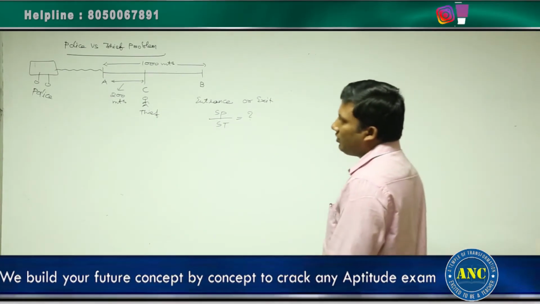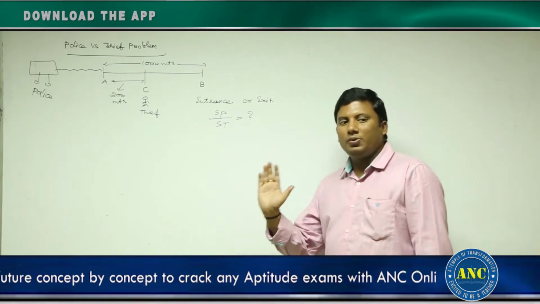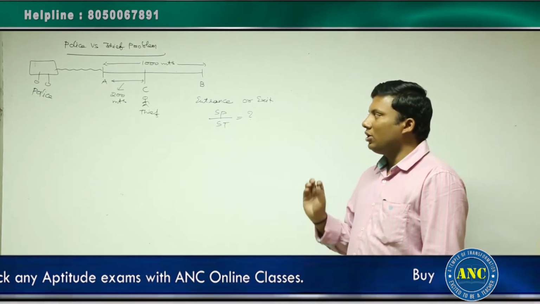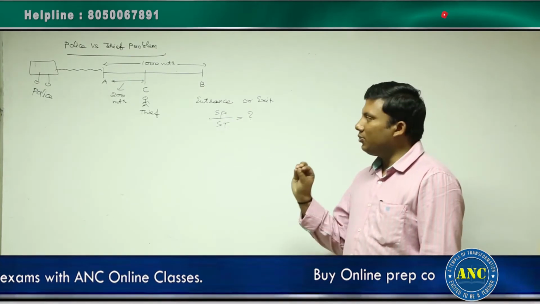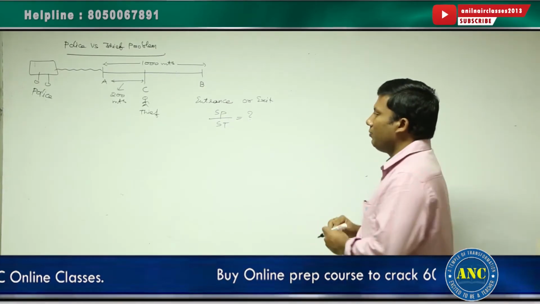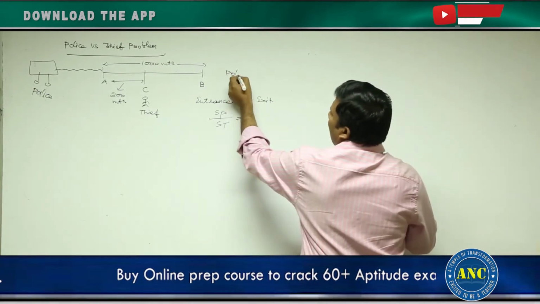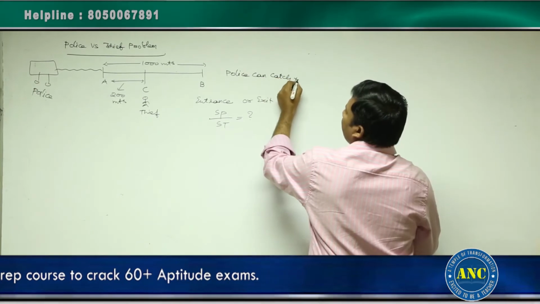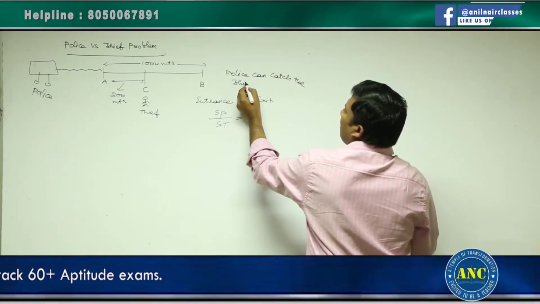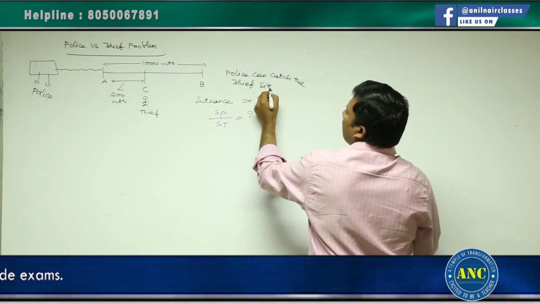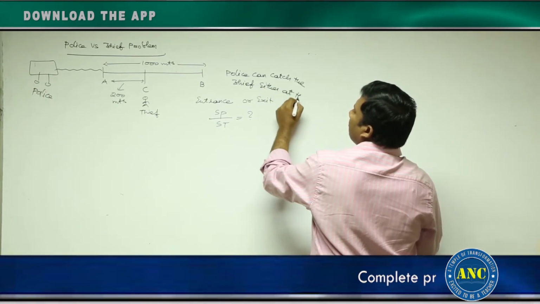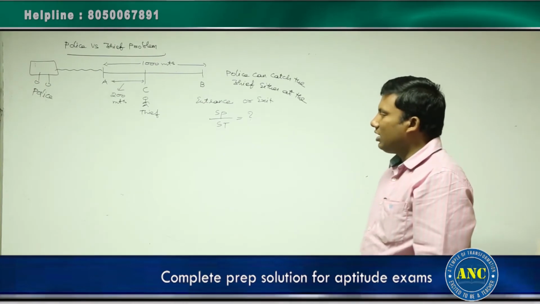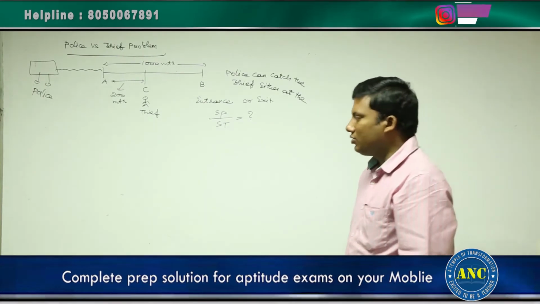What is the ratio of the speed of the police to the speed of the thief?